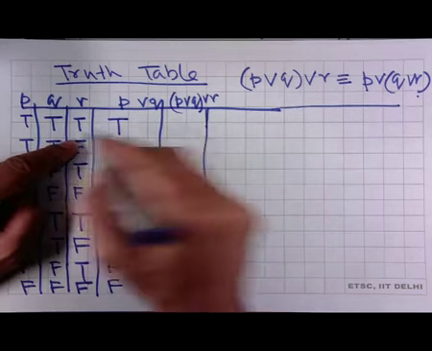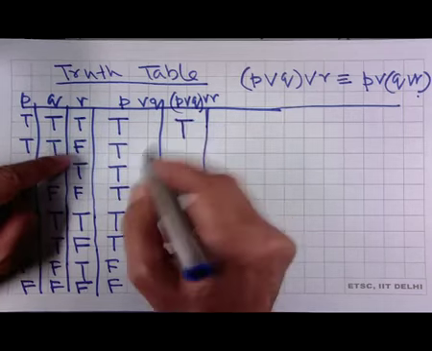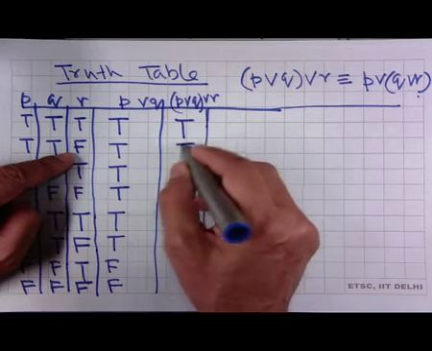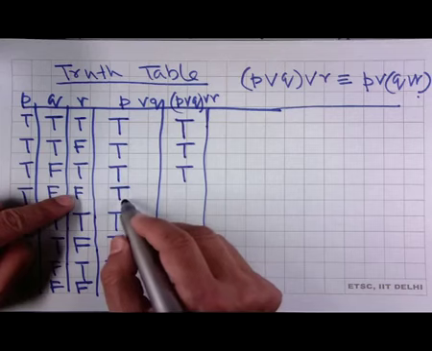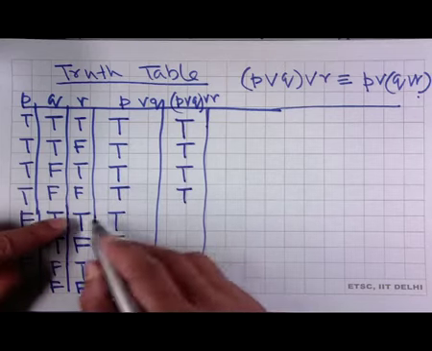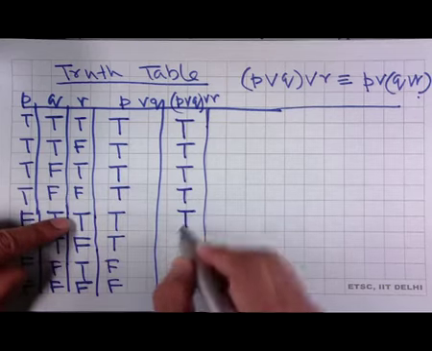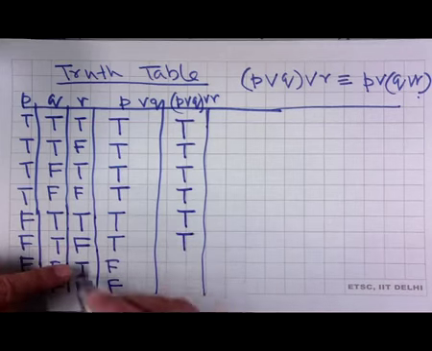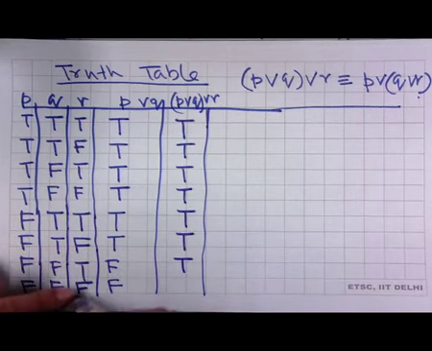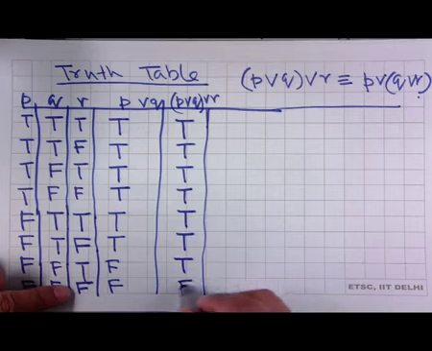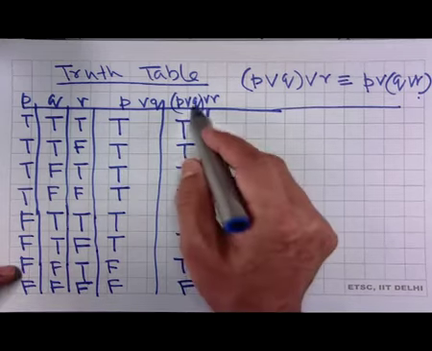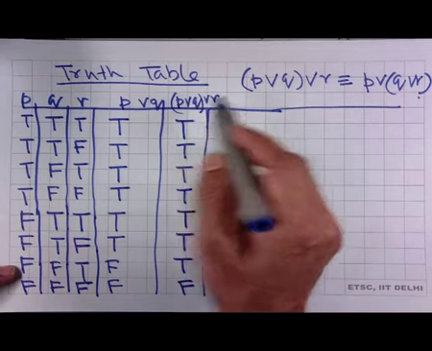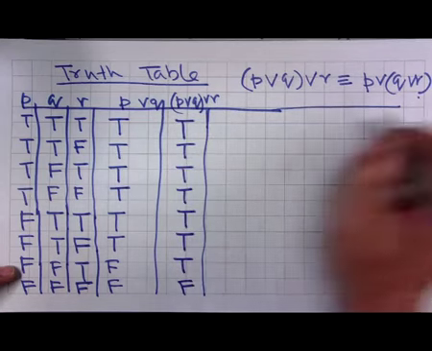So, here it is T T, therefore, T, T F, this is also T, T T, it is T, F T, again T, T T, T, now F or T, T, T F, T, F F is F. So, this is the only point where (P or Q) or R becomes false.